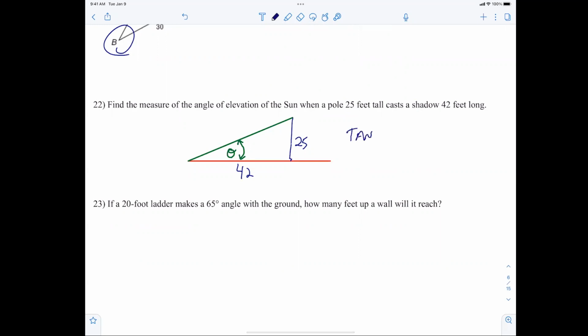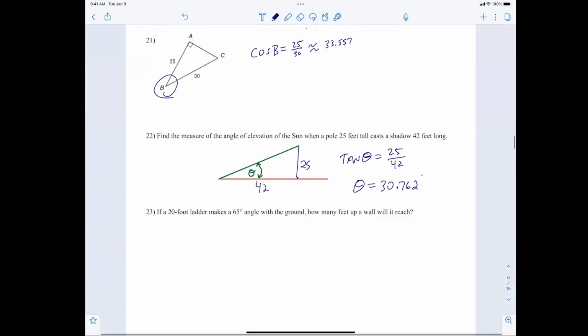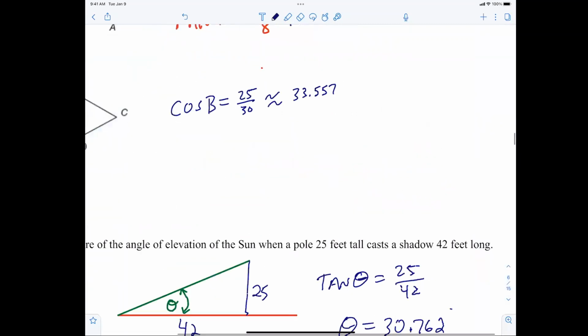Tangent of x equals 25 over 42. So x equals inverse tangent of 25 over 42, and that's 30.762. 30 what? 0.762. Thank you. 30.762 degrees. Don't forget to put the degree symbol like I'm doing.